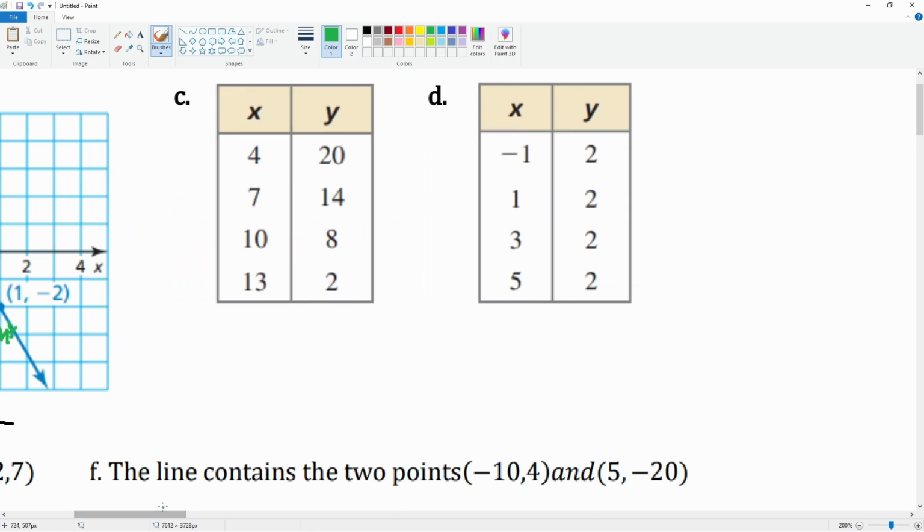Let's do the next one. Okay, so we're going to see how it changes from 20 to 4. It looks like that is going to be a -6, and then from the X, it is going to be a +3. Okay, so please understand this arrow means change.